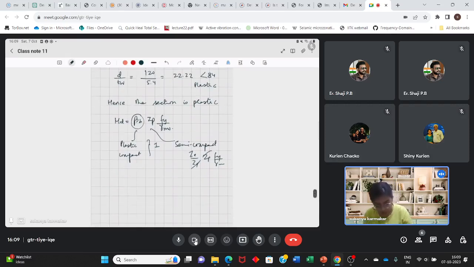What I wanted to say is, if this is the section and it is subjected to a moment, then the bending stress diagram will be something like this. In the farthest fibers where the maximum stress develops, this will be equal to Fy in a semi-compact section. Okay, I had deviated a little bit.